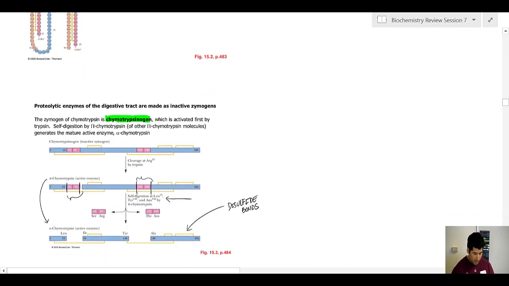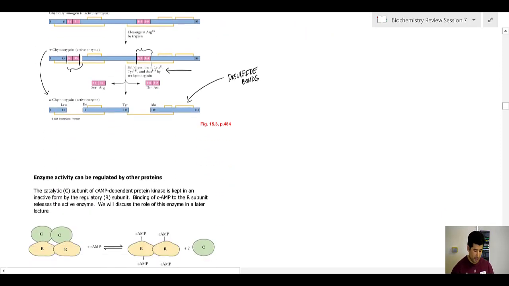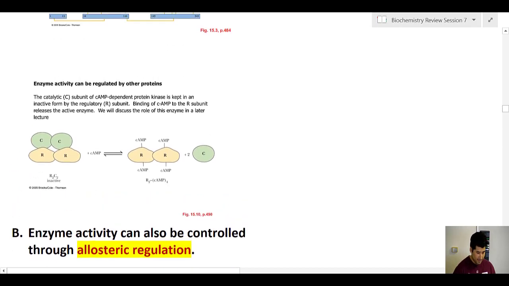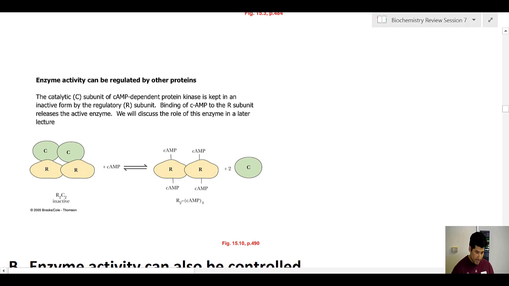All right. Are there any questions about anything that we've discussed so far? All right, we're about to get into the tricky stuff. But before that, let's go into a little something sweeter. Enzyme activity can be regulated by other proteins. Do we agree with that? What does that mean? What does it mean when we say that enzyme activity can be regulated by other proteins?